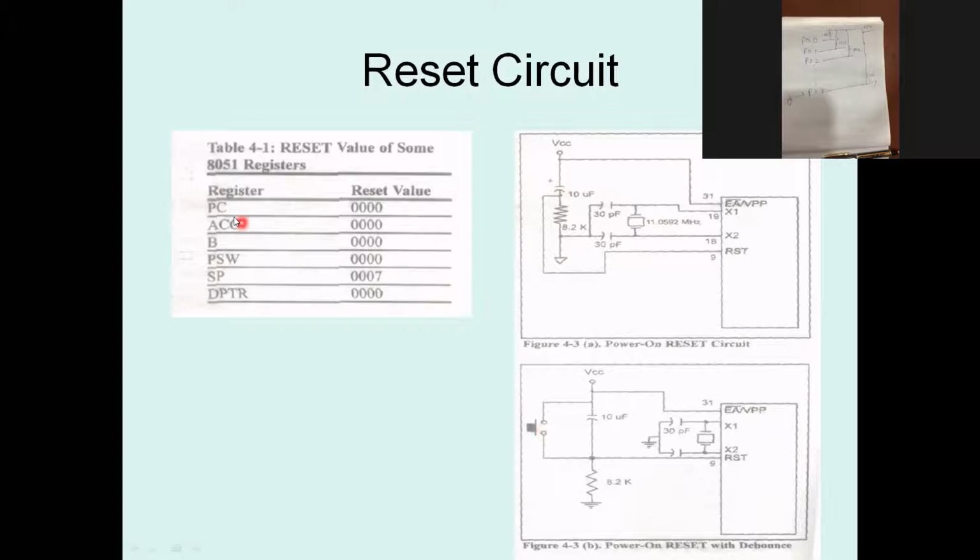At the reset condition, all the registers will be 0 except the stack pointer, which will be 07. Why? That will be described at the time of push and pop operation. But for now just remember all the registers should be 0 except the stack pointer will be 07.